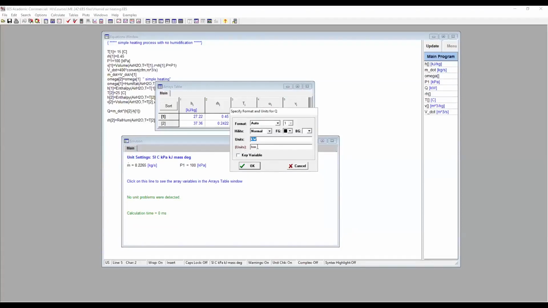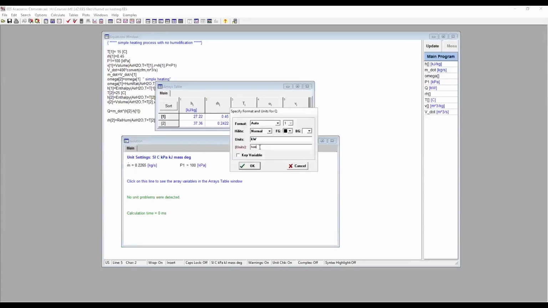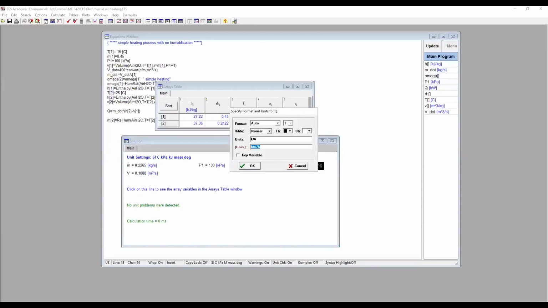I typed ton, so it will show both for you. It's about 0.65 ton. I can change this if you're interested in IP units. I can change this to BTU per hour, and it will show the BTU per hour. Change it back to ton.